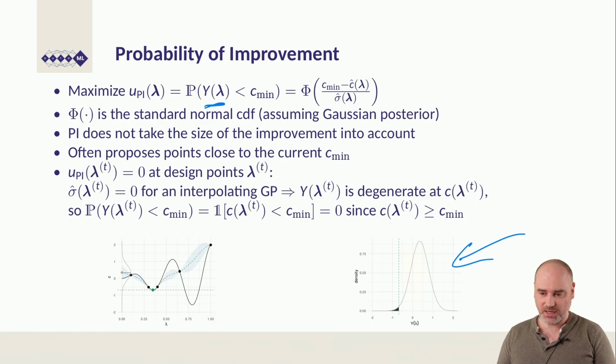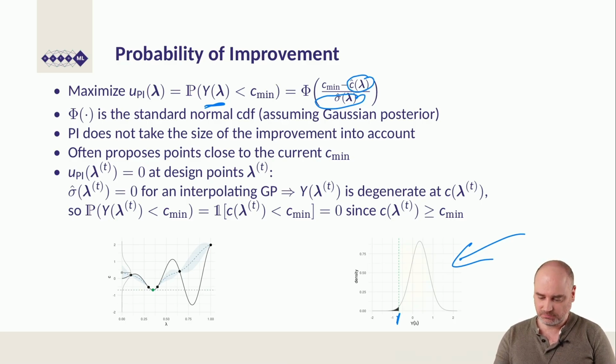Then this posterior distribution at lambda is a 1D Gaussian, and we know its posterior mean and its posterior standard deviation. So we know the two parameters of this 1D Gaussian, so we know the Gaussian. If we know that Gaussian, we can look at c min, but c min is simply a value that we can obtain by looking into our archive. It's just the best cost value we have seen in our currently evaluated design points.